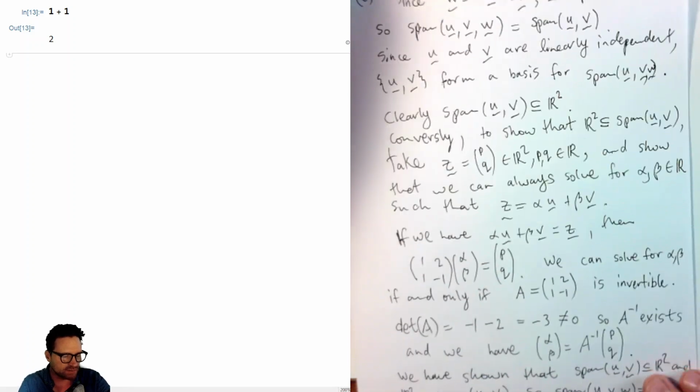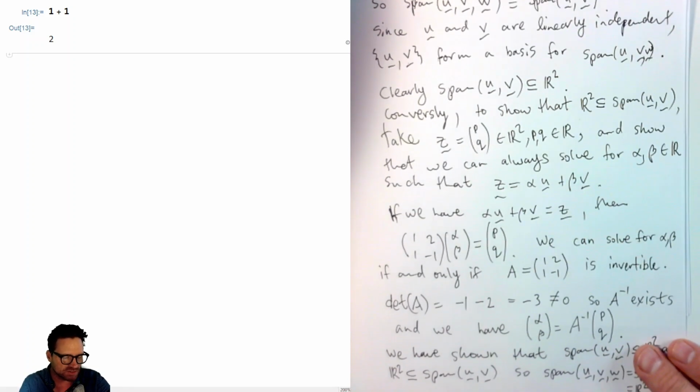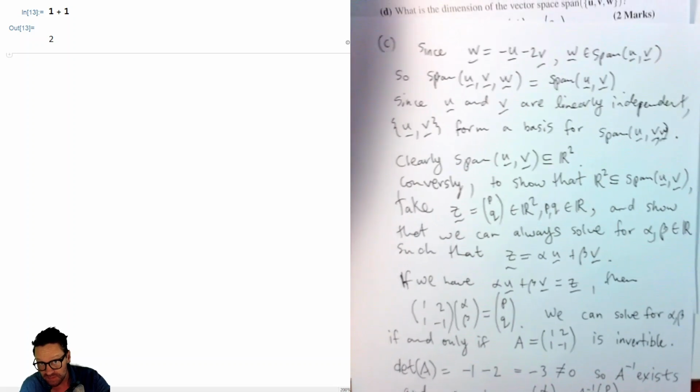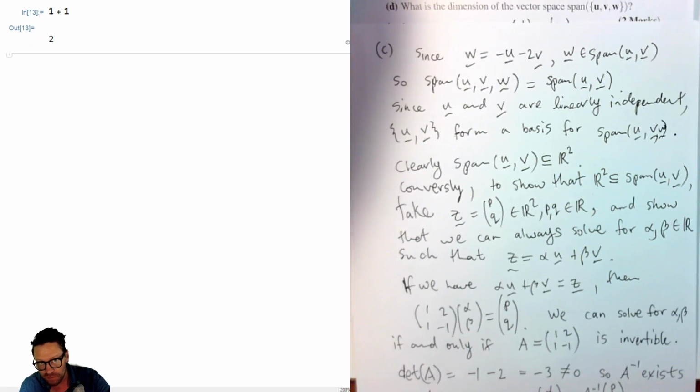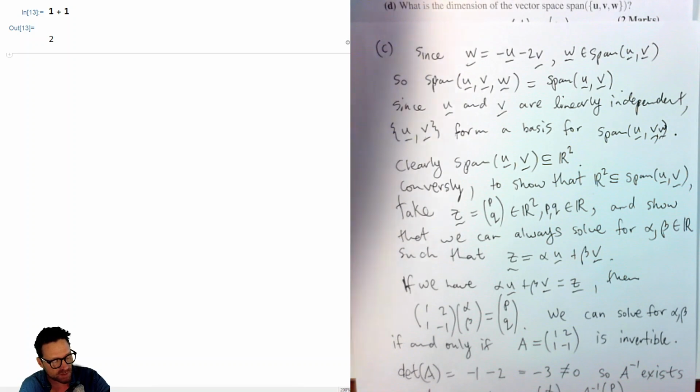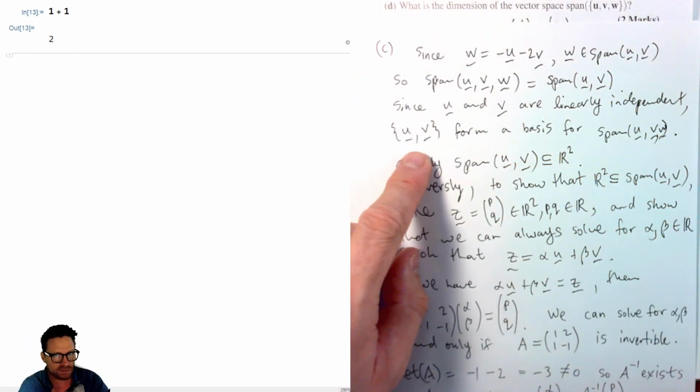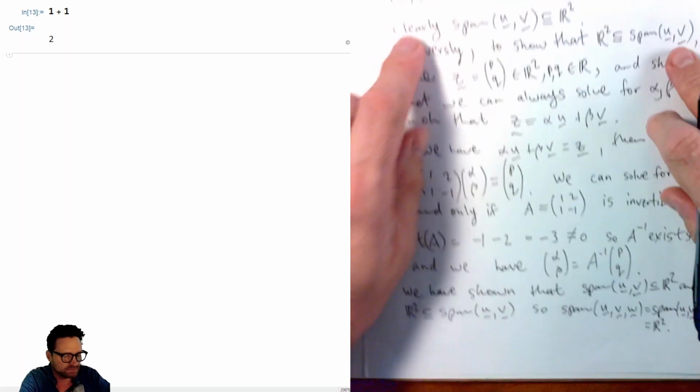All right, so now let's have a look at part D. What is the dimension of the vector space span of U, V, and W? Well, it's obviously 2, because remember we found that this is a basis for that span.